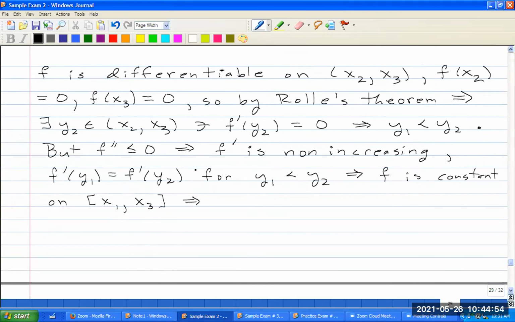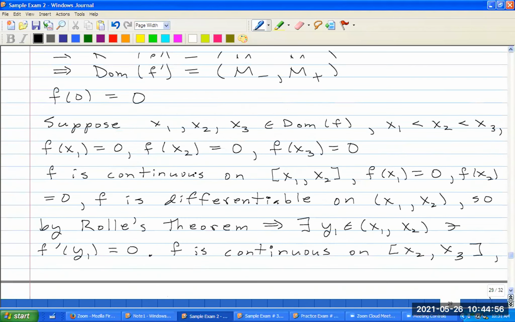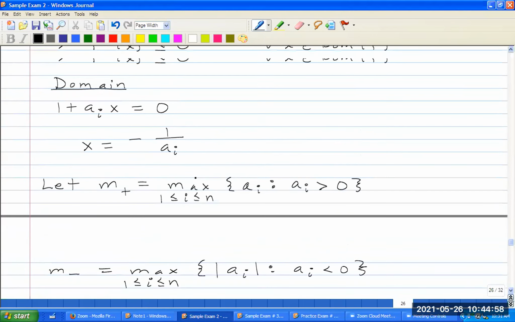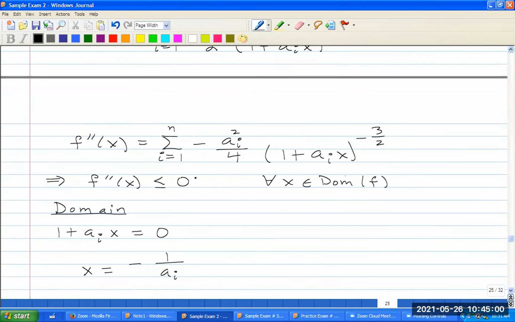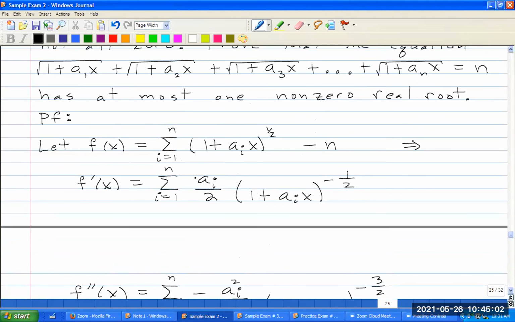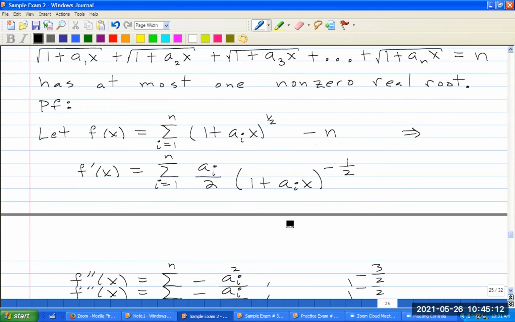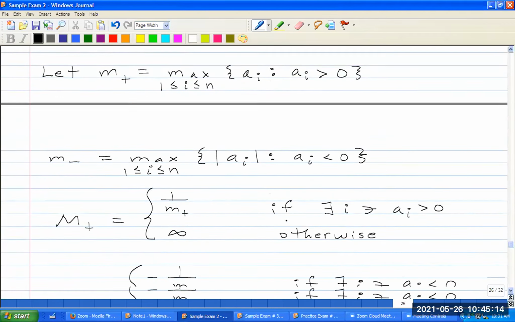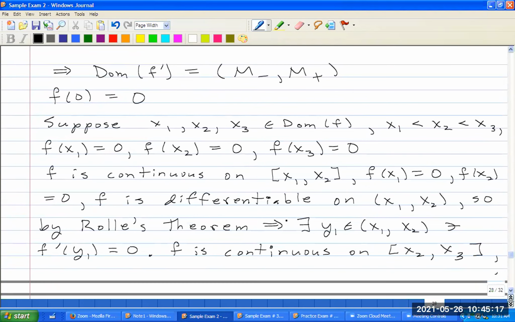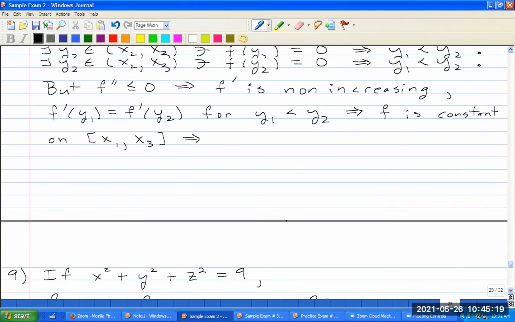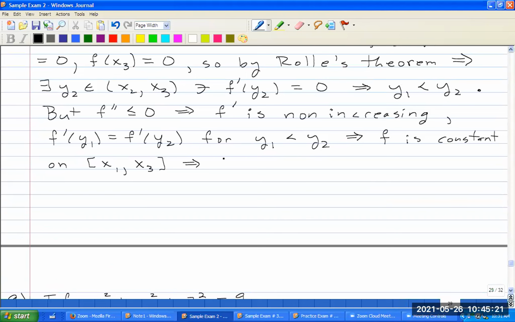But if f is constant, well, the only way that f prime is constant, the only way that this can be a constant function is if each of the a sub i's are 0. And so that implies that all the a sub i's are 0.